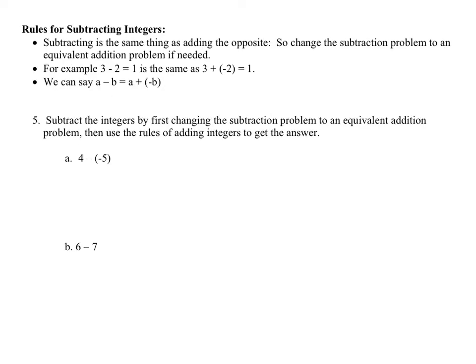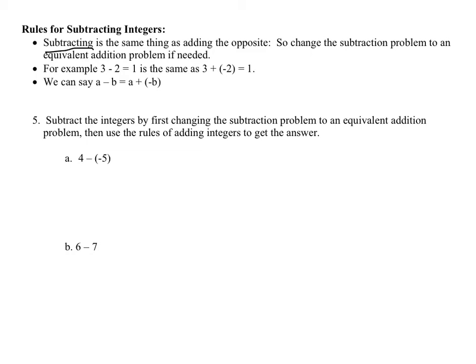Now, the rules for subtracting integers are very similar to adding, except you have to do one additional thing when you subtract. Subtracting is the same thing as adding the opposite, okay? So we're going to change the subtraction problem to an equivalent addition problem if needed.